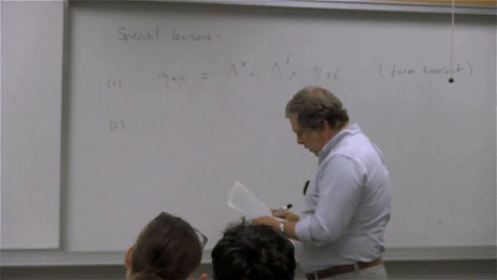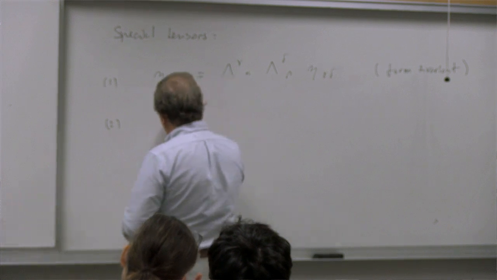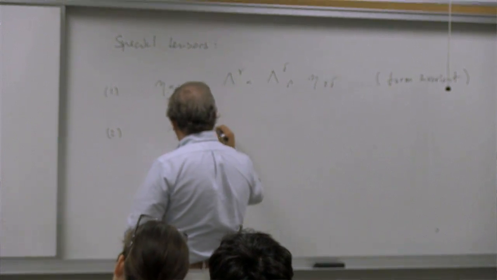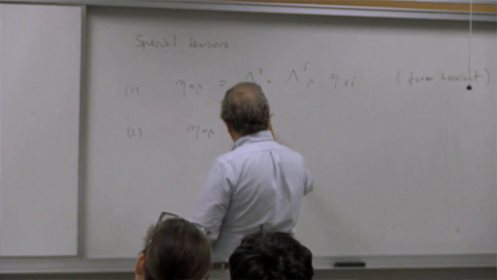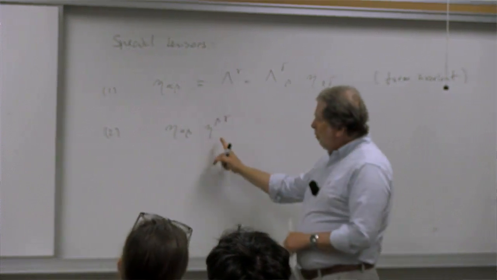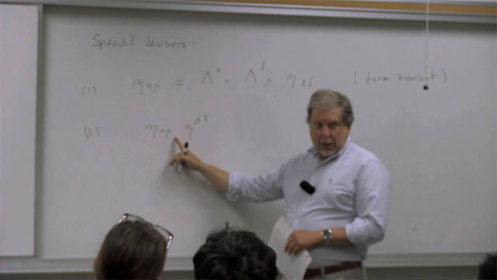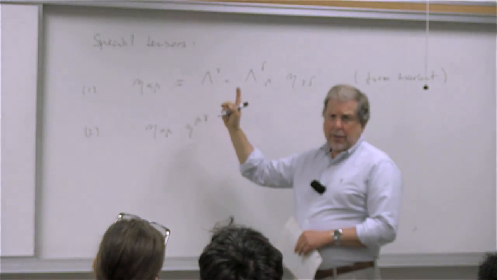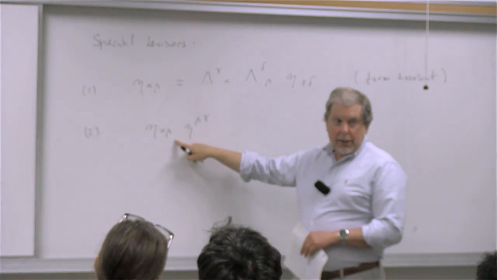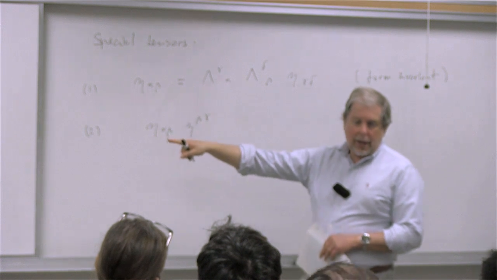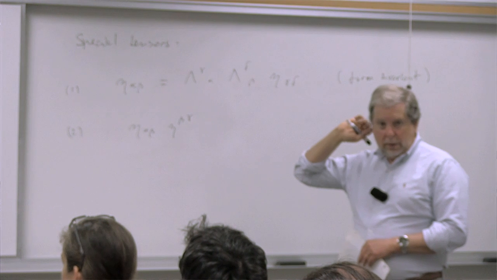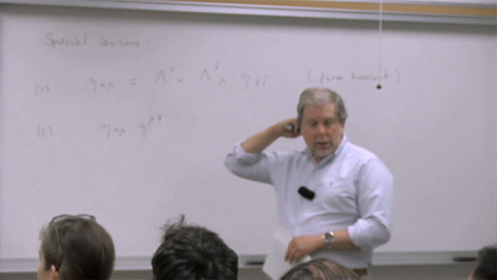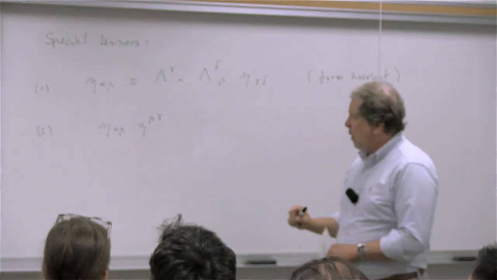Another one is the one which we obtain when we do eta alpha beta, eta beta gamma. This is a tensor, because we just showed that eta is a tensor, and we take two indices between the two and sum them over.